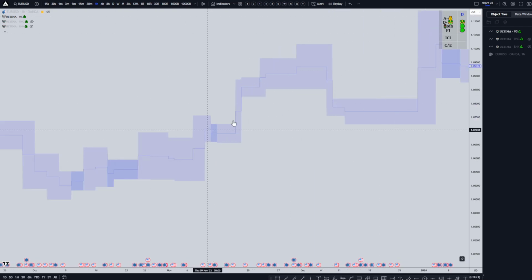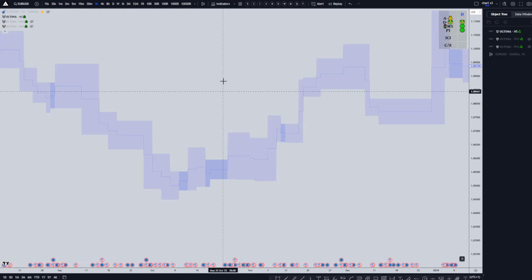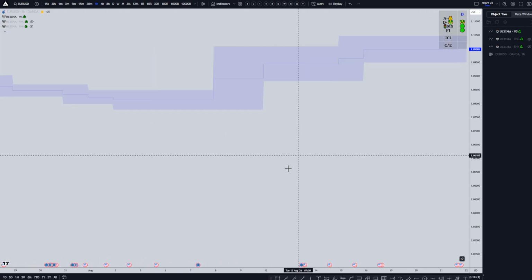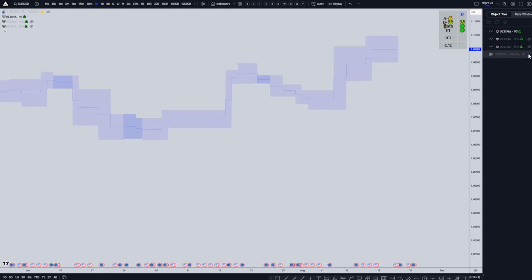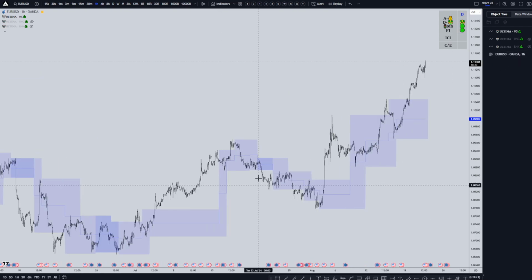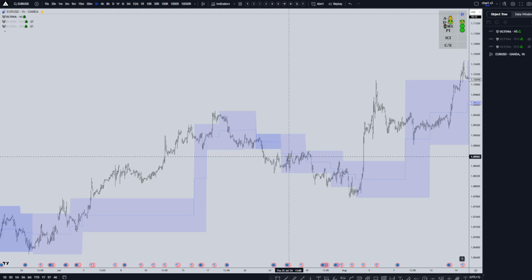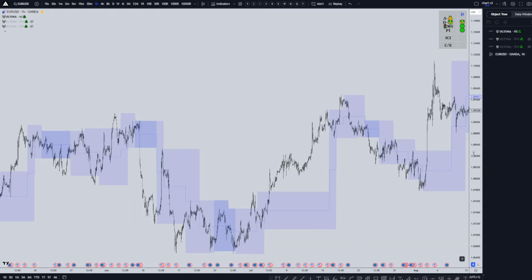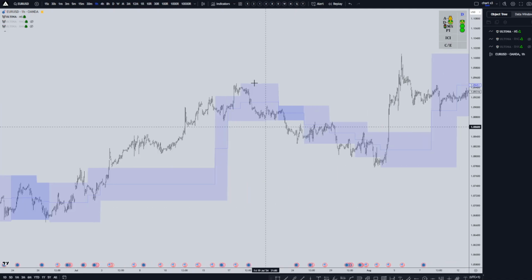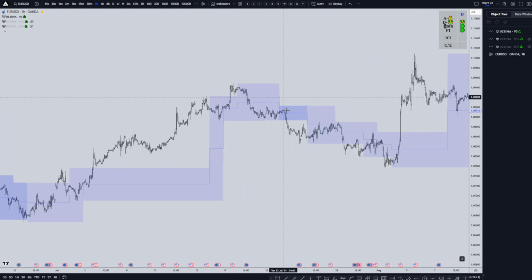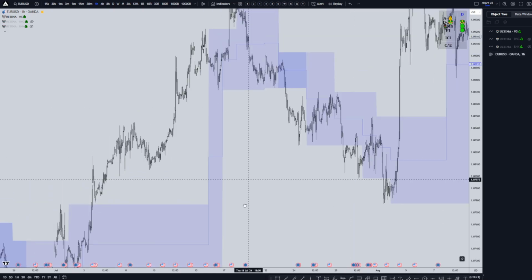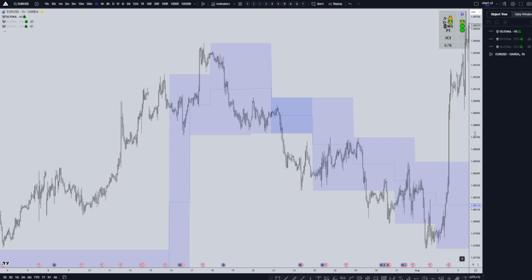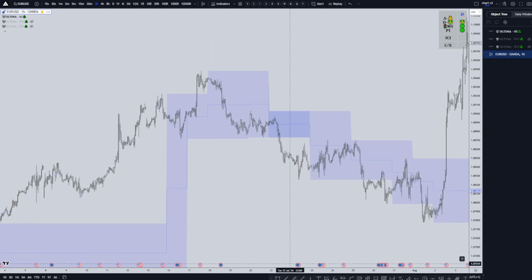Basically, whenever we have an impulsive move, right? What you will notice is that we have a structure that is contracting, or basically coiling down. Here it highlights when we have structural lower lows and higher highs, or higher lows and lower highs, whatever name it is.